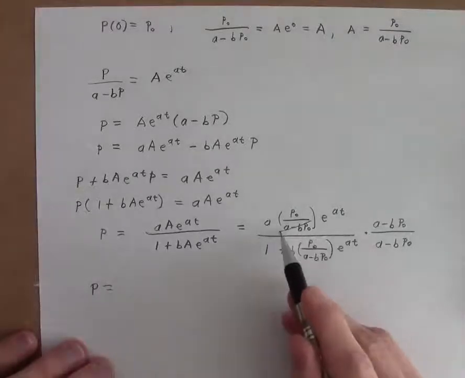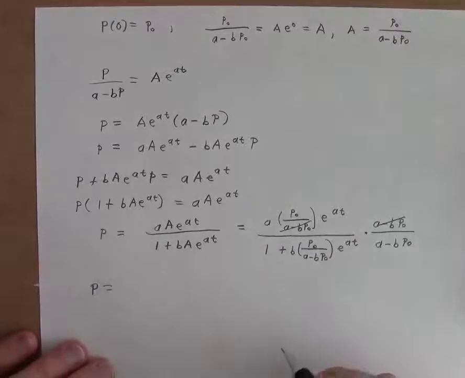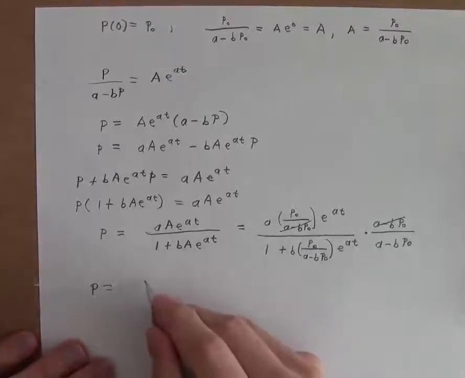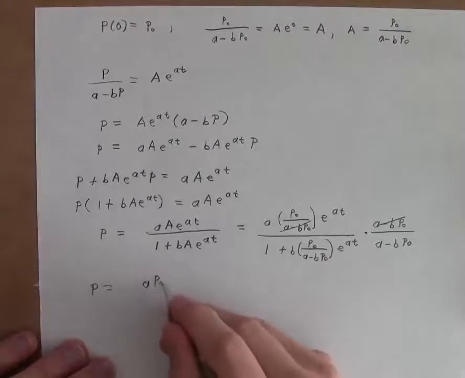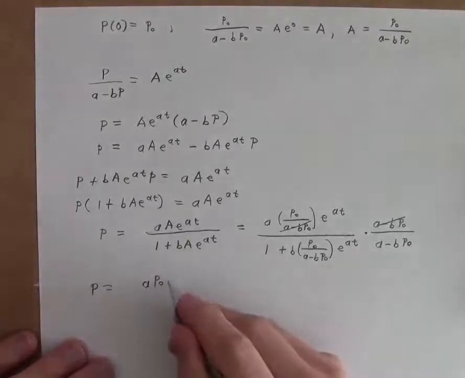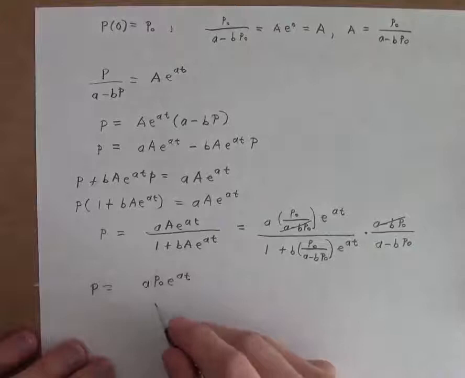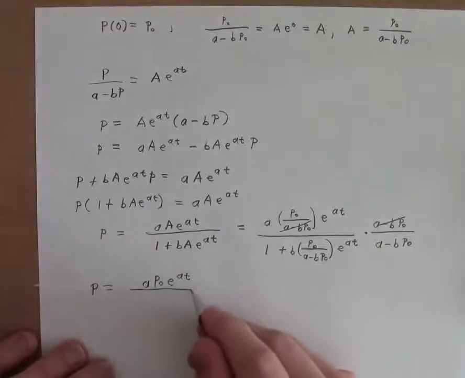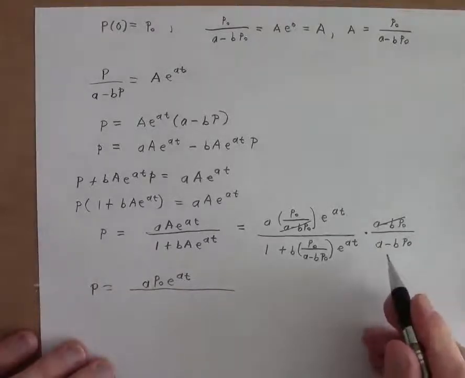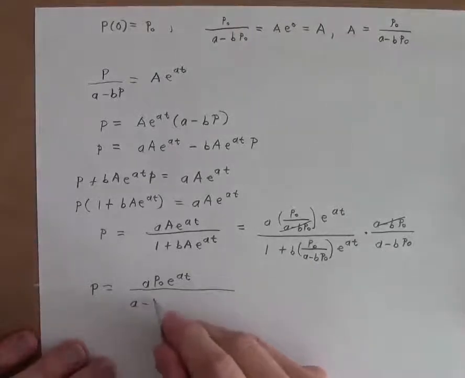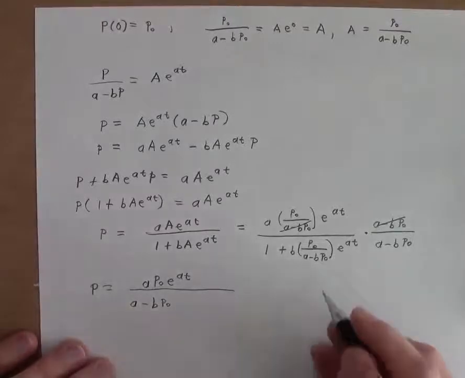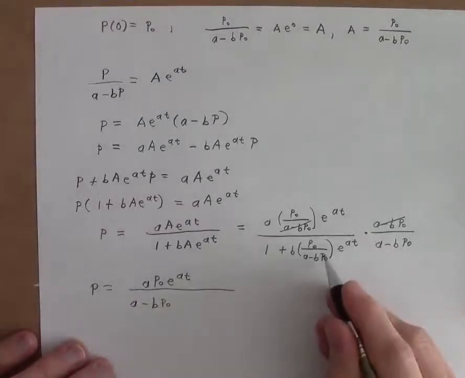So in here they will just cancel. So we have a times p sub 0 times e to the power at. And down below we have 1 times that, so it's a minus b p sub 0. And then those two would cancel away.